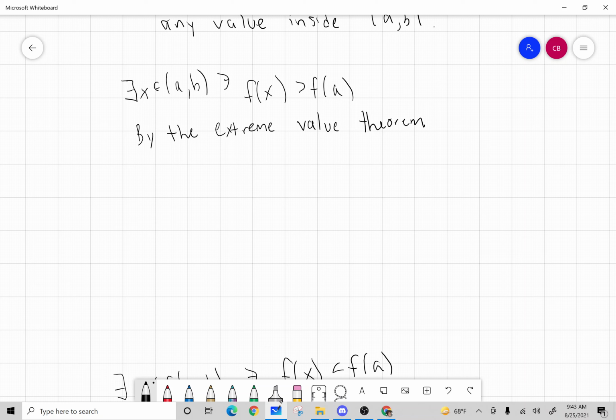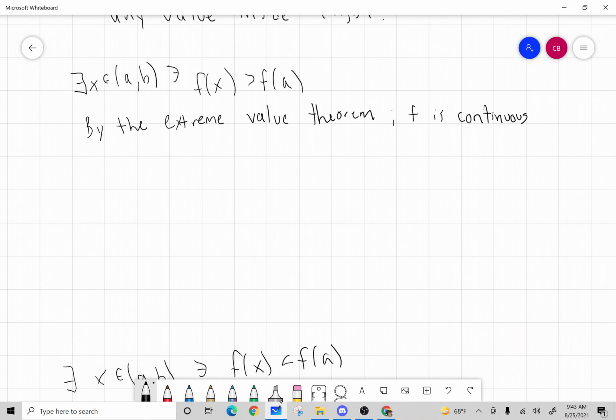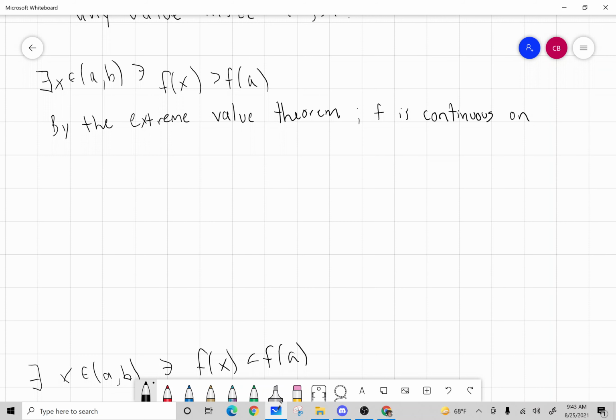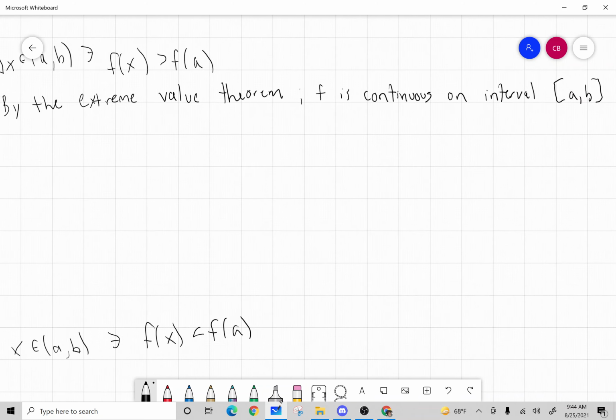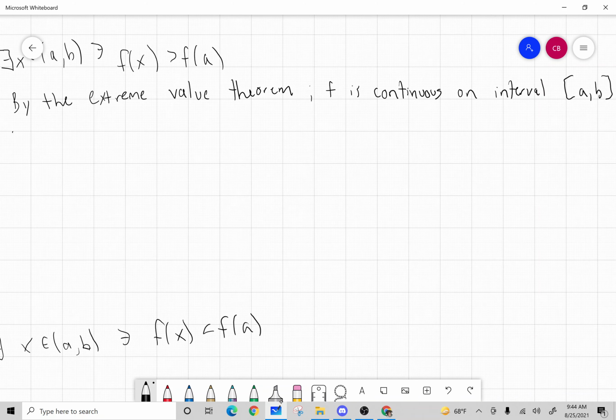since we know number one was f is continuous on the closed interval [a, b], we know f has a maximum value in [a, b].